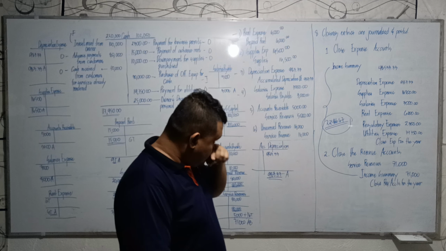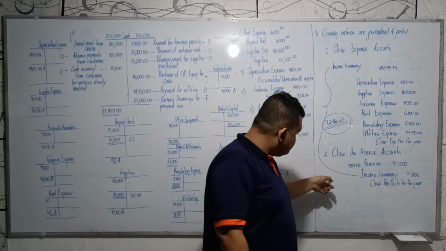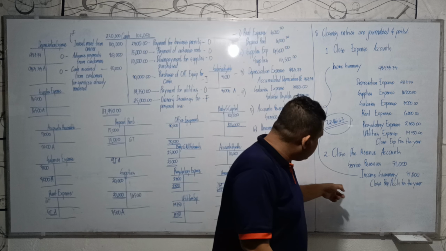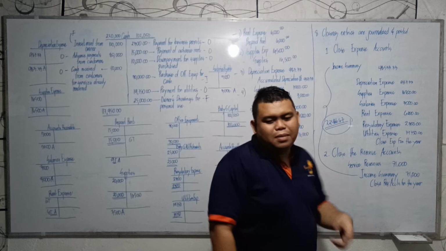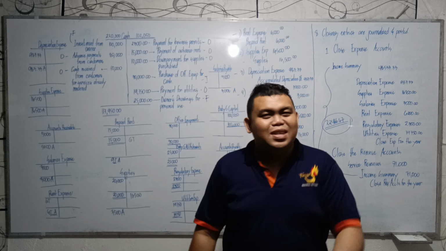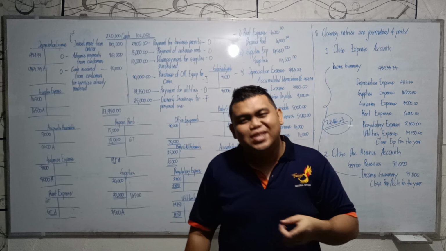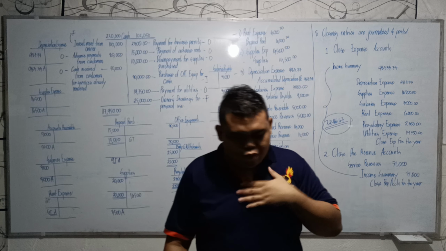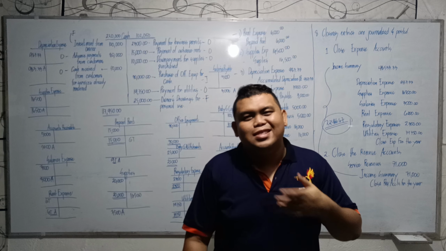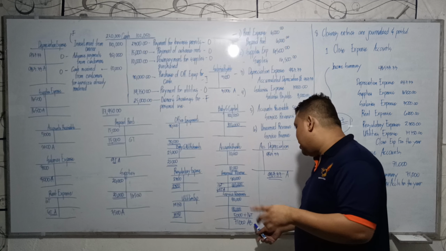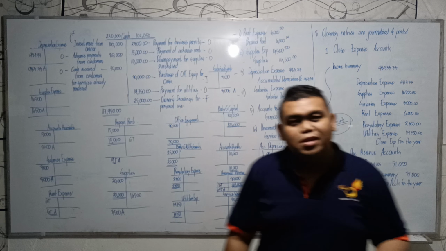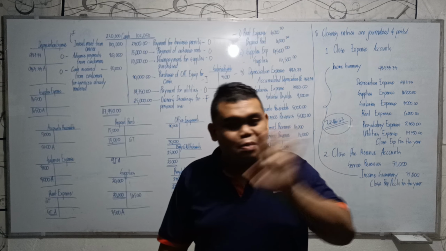Now, we have service revenues, but I am uneasy, so I just have to pause this video. Let's continue after I have confirmed that the service revenues adjusted balance is really 71,000. I'll be back in a bit.